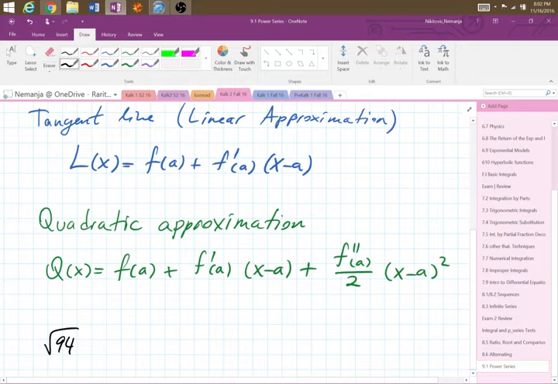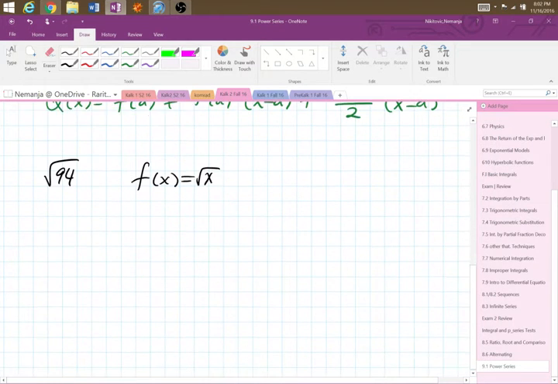So here is the deal with this stuff. You're looking at this square root of 94, and you say, I know that the function associated to this is, the pen just died. A second, there we go. Function f of x is the square root of x. That's the function.